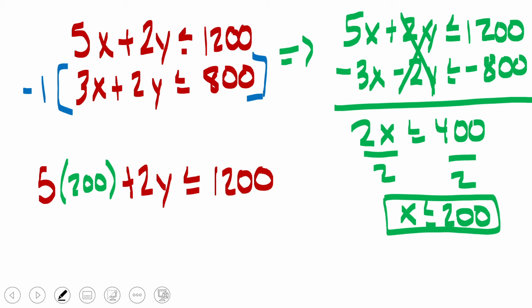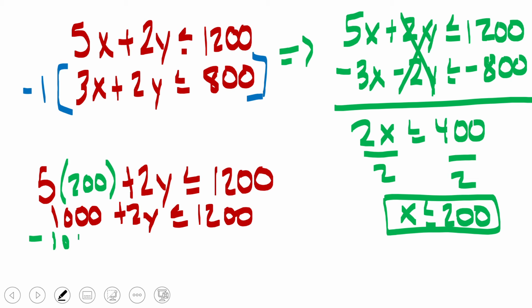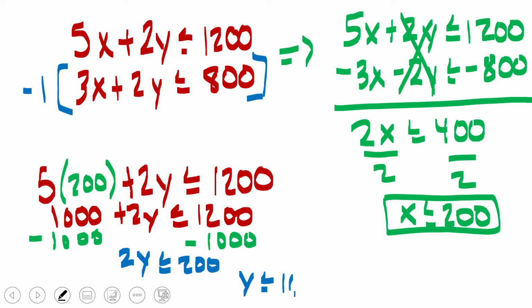Okay, so that's 1,000 plus 2y less than or equal to 1,200. Subtract 1,000 from both sides. And we're going to have 2y is less than or equal to 200. And the y here is going to be less than or equal to 100 when we divide by 2.